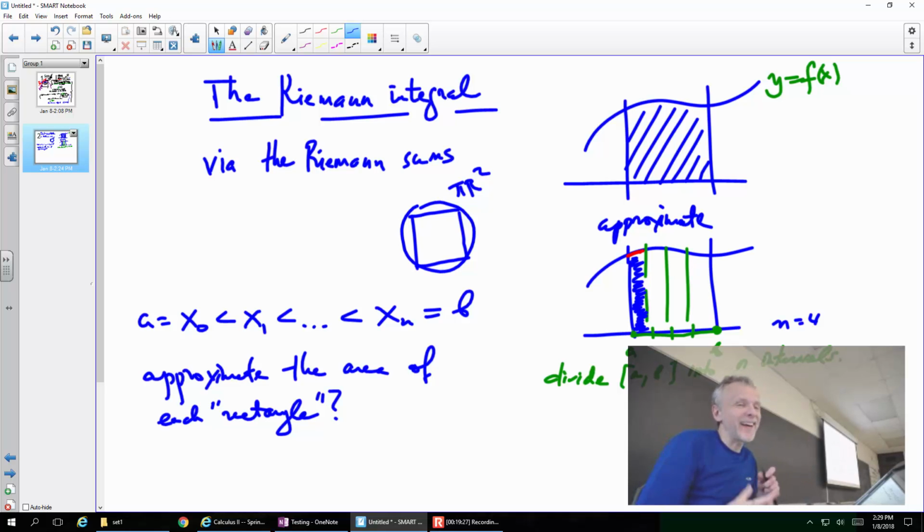No, that's backward. If you already know it, then why would you go backwards and divide it into pieces? So we don't know what the area is. We don't even know what it means to have an area. So that's why we have to start with approximation, division into smaller pieces. Approximate each of the smaller pieces with an actual rectangle.